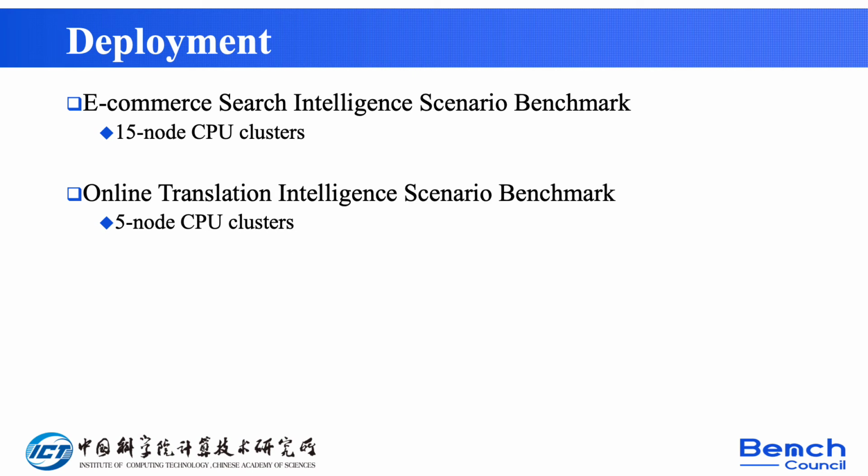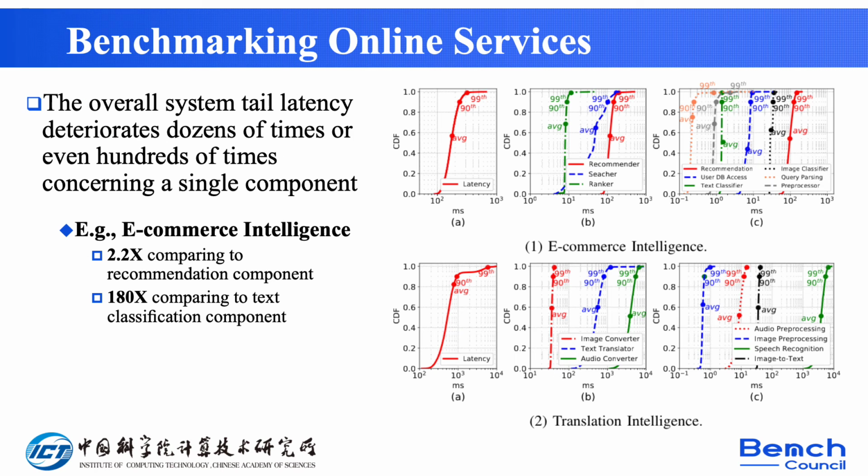In our experiments, the online server of e-commerce intelligence and translation intelligence is deployed on a 15-node CPU cluster and a 5-node CPU cluster respectively. We deploy their offline trainers on GPUs.